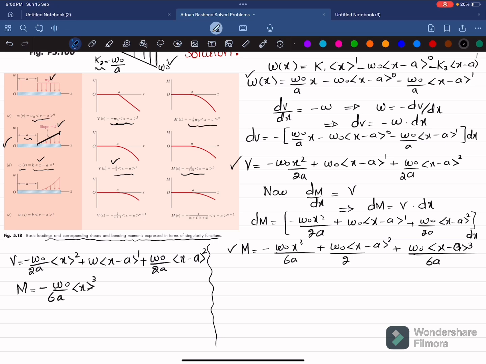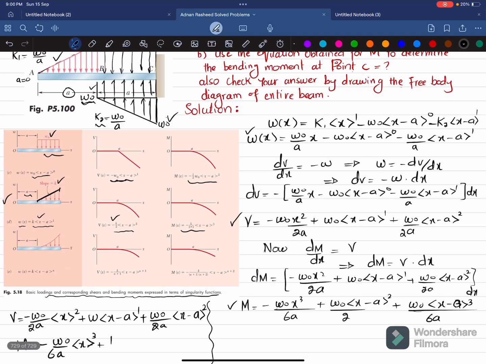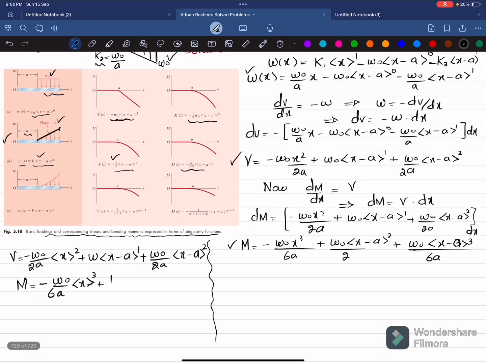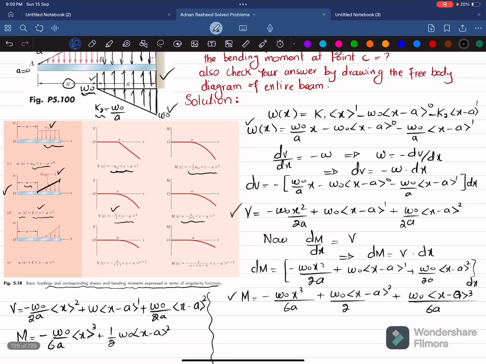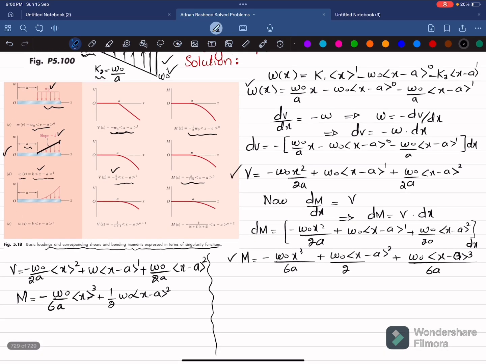So for distributed load, it will be plus, because here the distributed load is downwards and here it is upward. So I will write plus 1 over 2 W naught into x minus A power 2. And then there is a triangular load upward. So we will use this minus K, which is W naught over A times 6 into x minus A power 3.